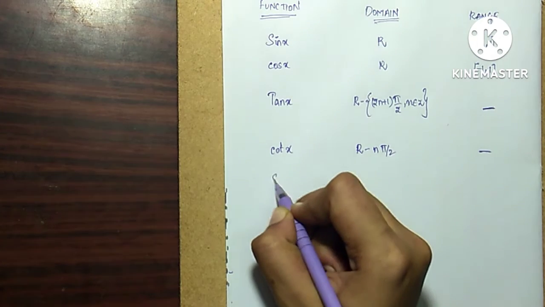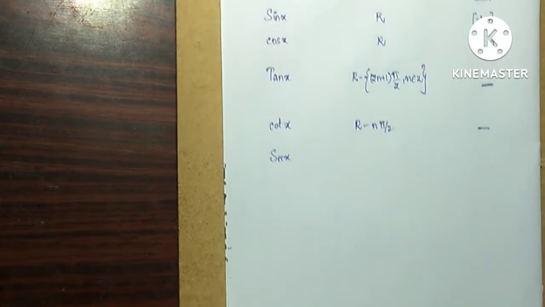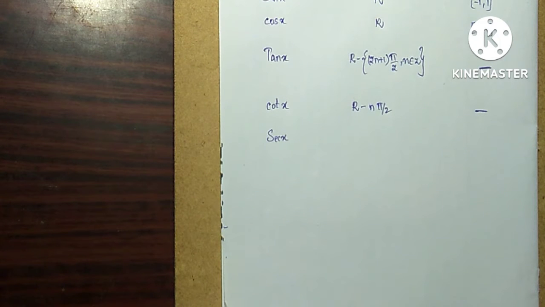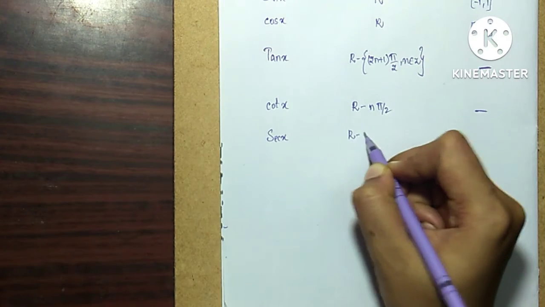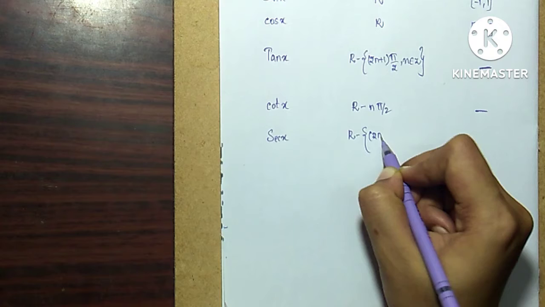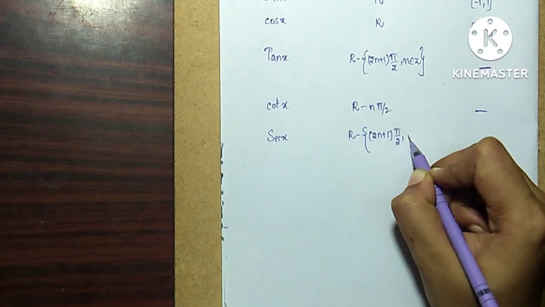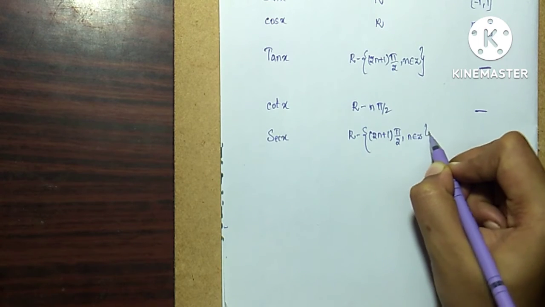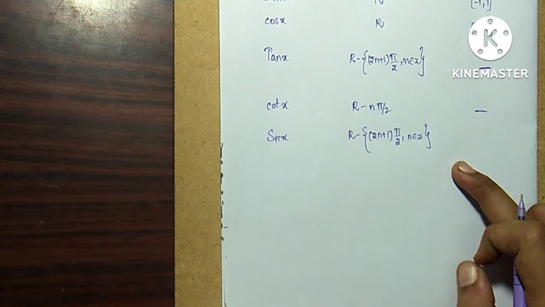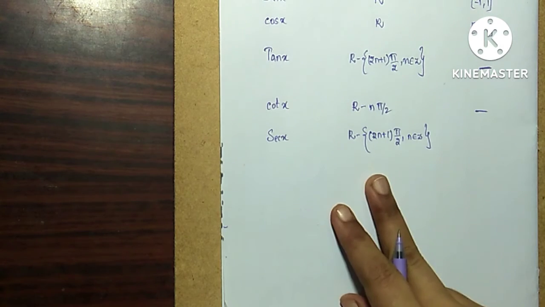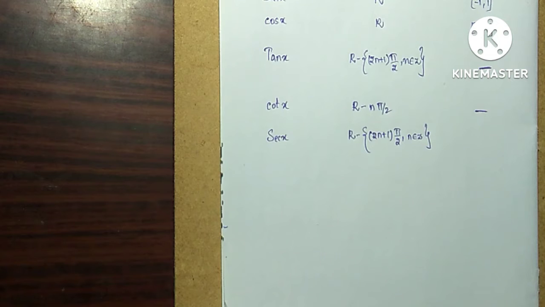Now it's time for secant x. The domain of secant x is R minus {(2n+1) π/2, n belongs to Z}. It is quite similar to tan x; the domains of tan and secant are the same.